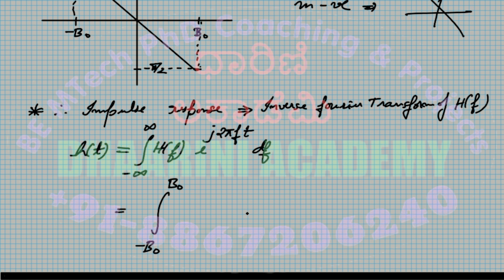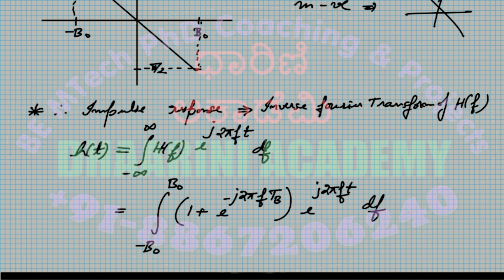And h of f is already known: that is 1 plus e to the power minus j 2 pi f times tb, into e to the power j 2 pi f t df.